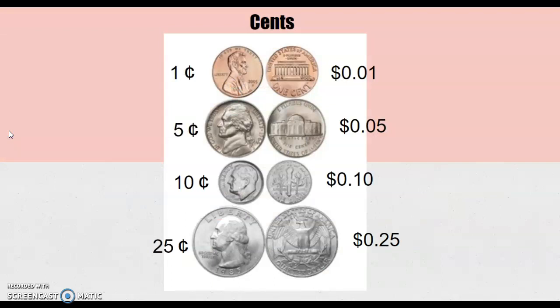here are the 4 most used coins in the US. There is a $1 coin and a half-dollar coin, which do not circulate as much, which I actually should have added to this slide here. But these are the 4 most important ones you need to know.